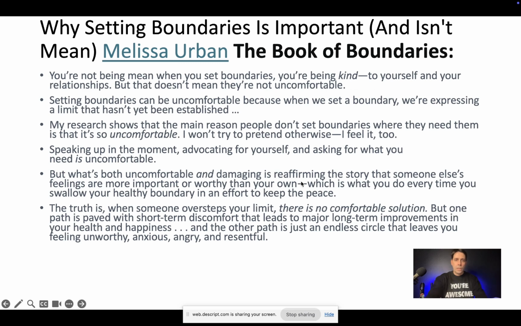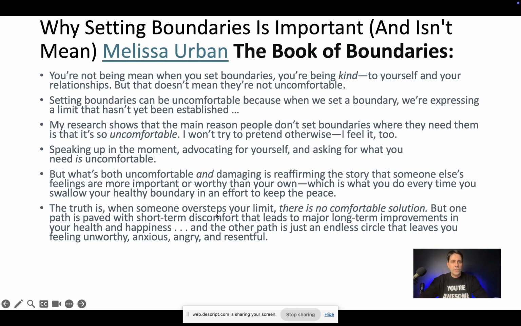This is what seminary teachers do. A lot of seminary teachers will swallow their healthy boundary in an effort to keep peace. Well, what that does is that leads to further boundary breaking, more things that inhibit the learning and the growth experience of seminary.